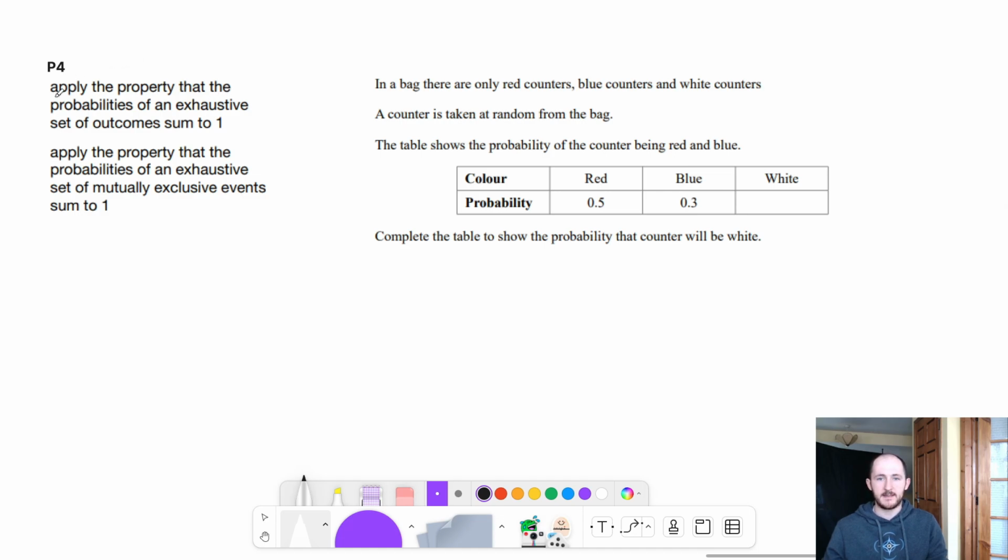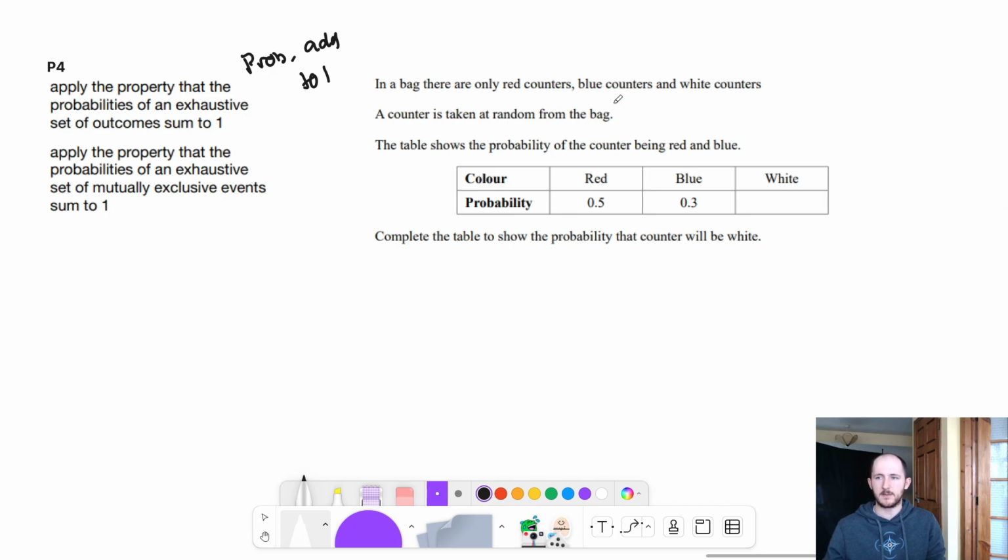Apply the property that the probabilities of an exhaustive set of outcomes add to 1. Okay, that's very fancy. But basically, all this is saying is all probabilities add to 1. So what does that mean? Well, if you look at this question on the right, in a bag there are only red, blue and white counters. So this is the exhaustive set they're talking about. I don't care about yellow, green, turquoise counters.